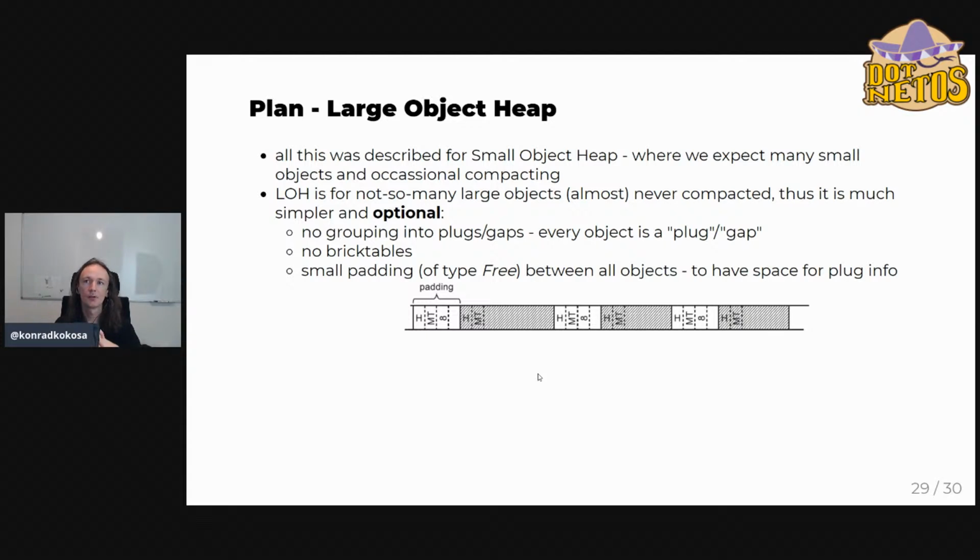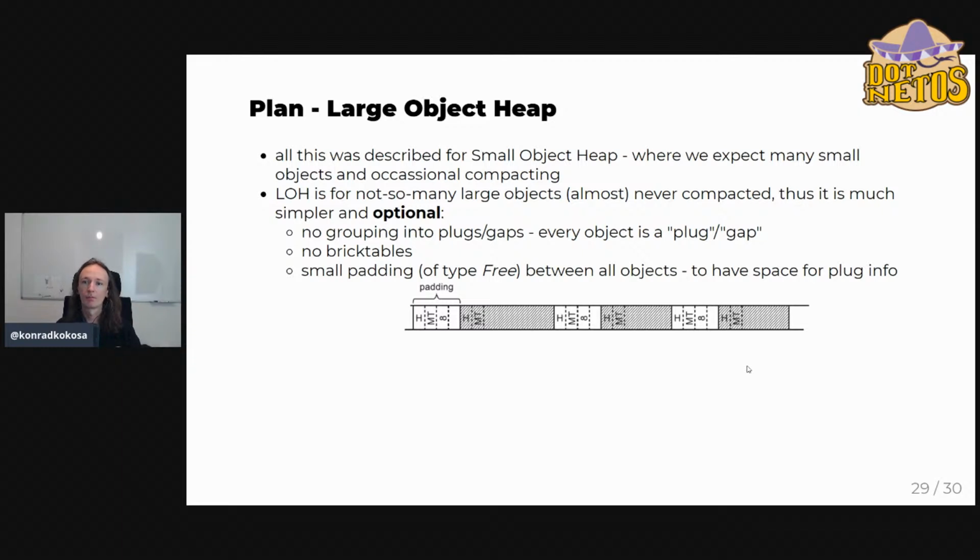That's why if you take a memory dump and analyze the large object heap, you will see objects interleaved by these free objects, and they are just padding, being there in case you decide to compact. If you don't decide to compact, this padding is not used. It takes space because we need to be ready, but it is not used.